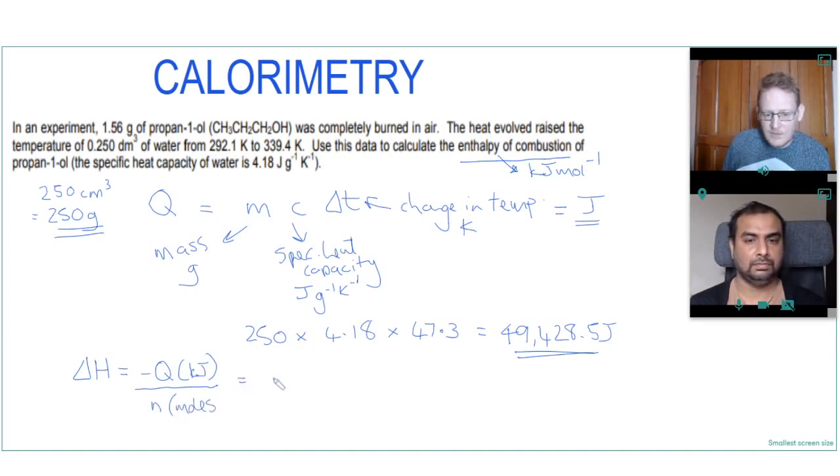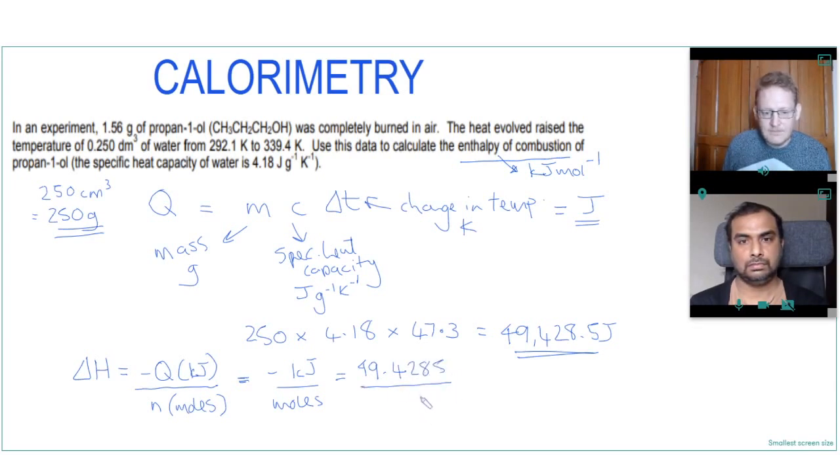And I actually just remember this as minus the kilojoules over the moles. And so our energy in kilojoules, so if we divide Q by 1,000, we get 49.4285.